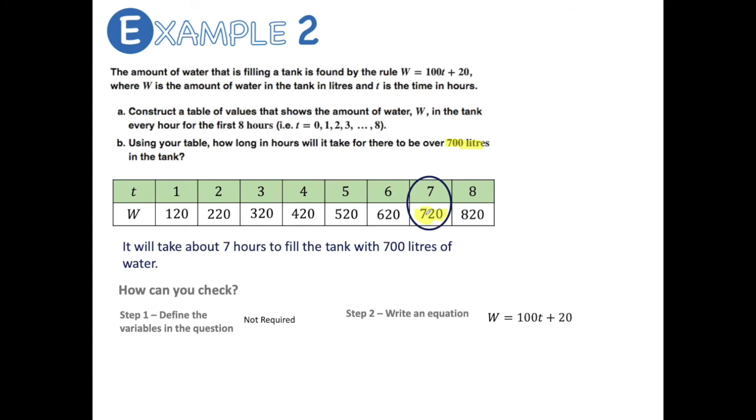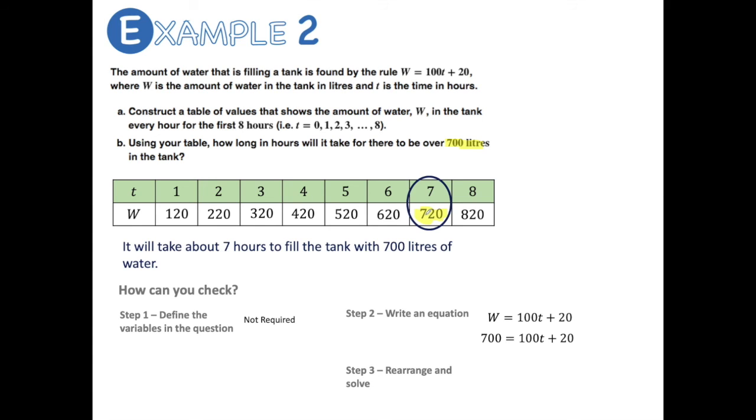Again, from the question, it is W equals 100T plus 20. But this time, I'm not going to substitute in a T value, I'm going to substitute in a W value. When the amount of liters in the water is 700, what is my T value going to be? So it's 700 equals 100T plus 20.